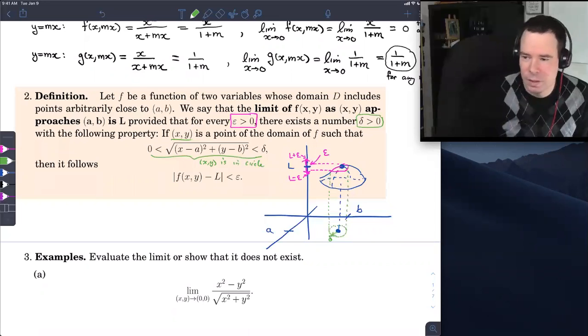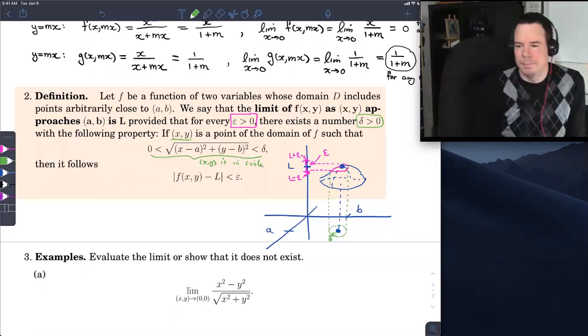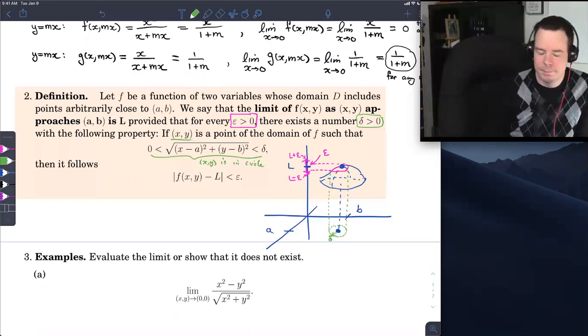If that's the case for every epsilon, I can always find a delta, then the limiting value is L.